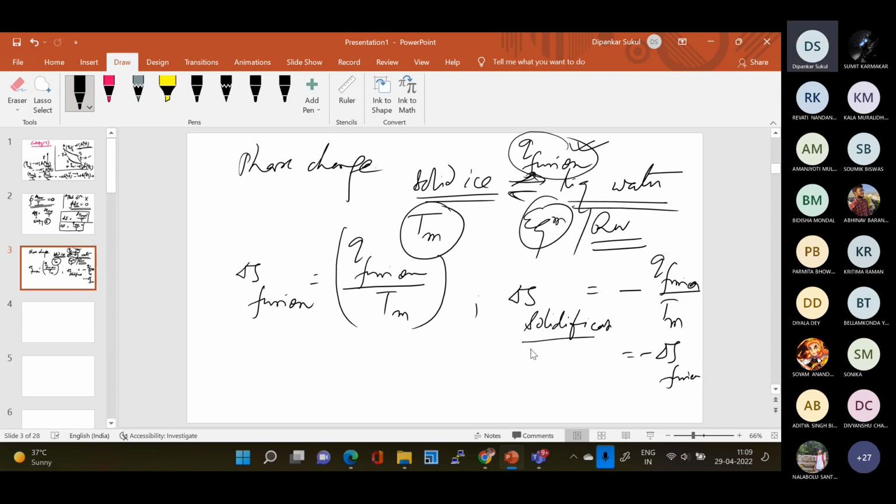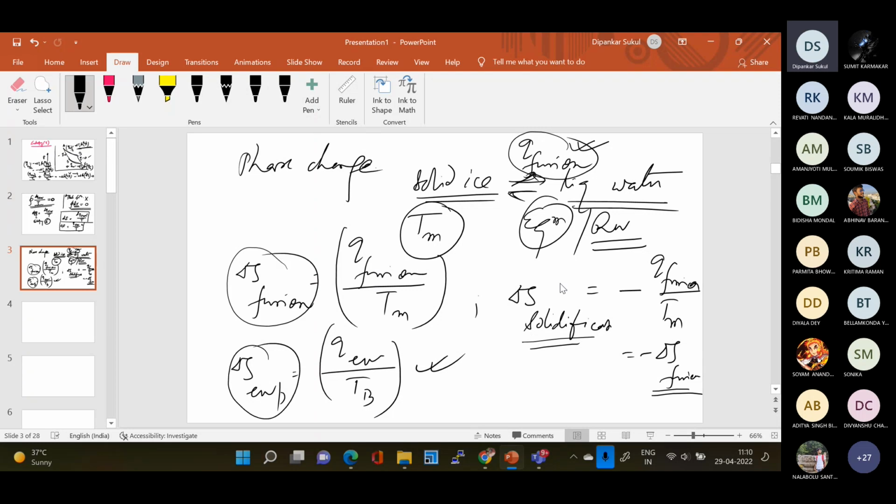Delta S solidification will be the negative of delta S fusion. Similarly, during the evaporation process, the change of entropy will be Q evaporation, the latent heat of evaporation, divided by the boiling temperature Tb. So these are the expressions of entropy change during phase change, and we consider phase change occurs under equilibrium condition.